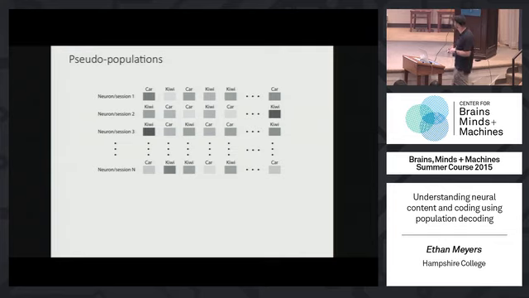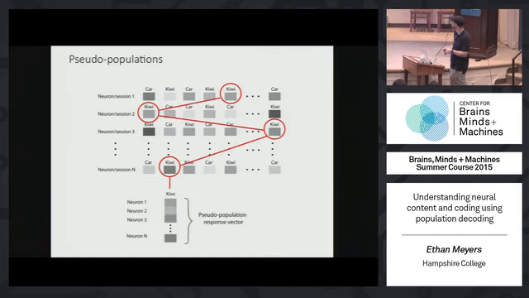If on the first day you recorded 1 neuron, and the second day you recorded a second neuron, et cetera, you can randomly select one trial when a kiwi was shown from the first day, another trial from the second day, et cetera. You randomly pick them, and then you can build up this virtual population. You can do that for a few examples of kiwis, a few examples of cars, and then you just train and test your classifier like normal.